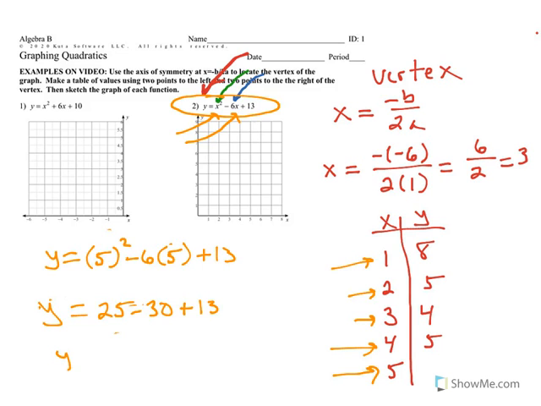And if we do that out, y should be 8. And there's our ordered pairs. Now we just need to go plot these ordered pairs.